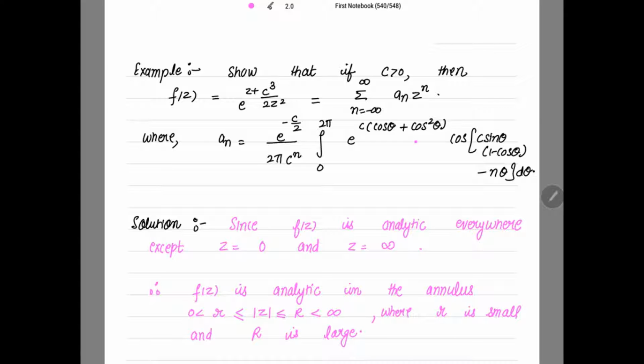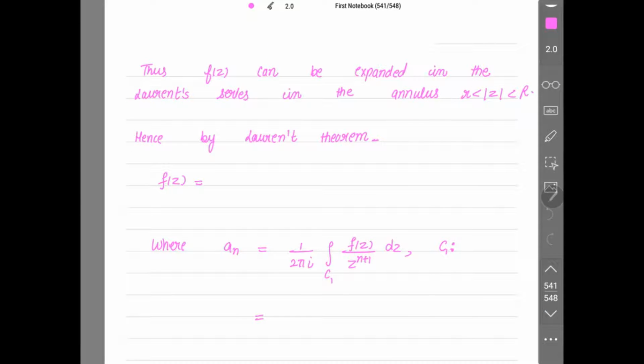Therefore f(z) is analytic in the annulus mod z lying between small r and capital R, where r is positive, and capital R is less than infinity, r being small and capital R large. Thus, f(z) can be expanded in the Laurent series in the annulus mod z lying between small r and capital R, right?